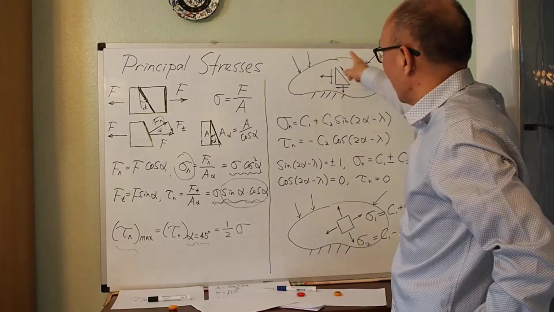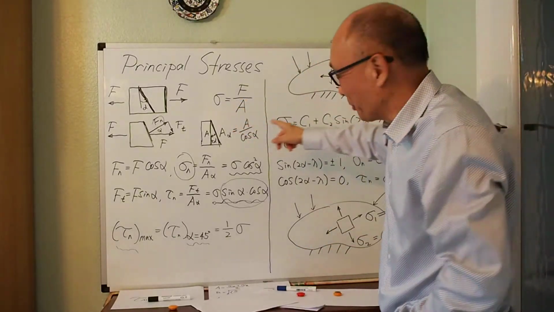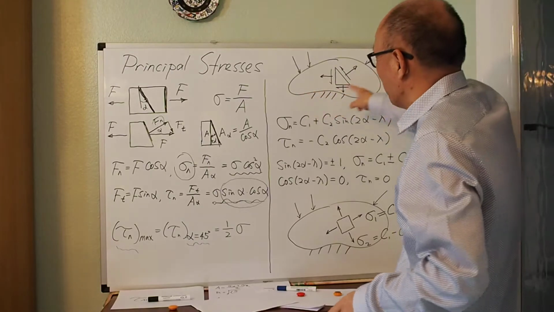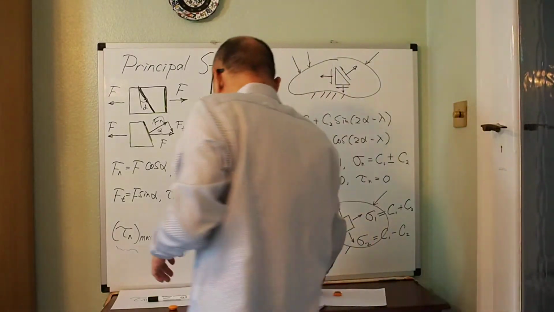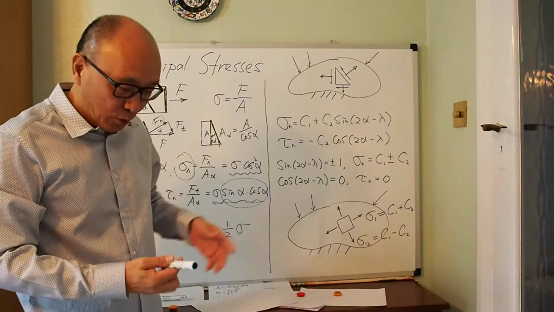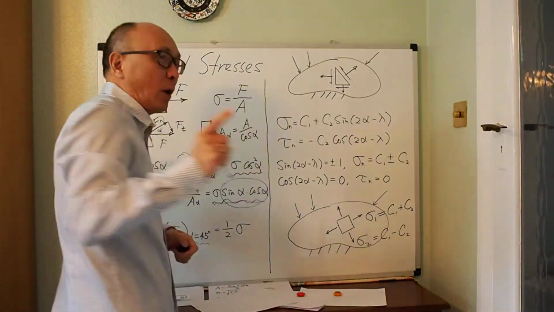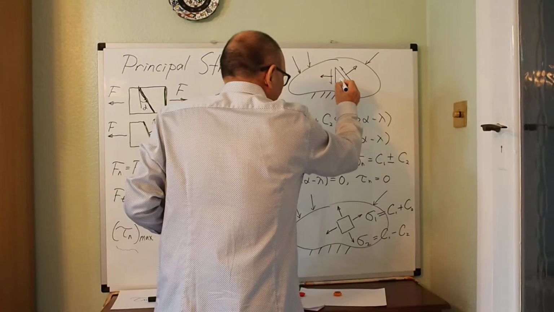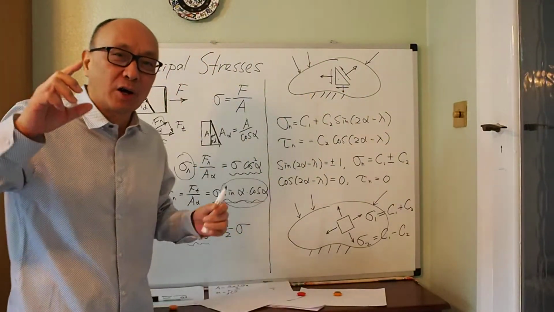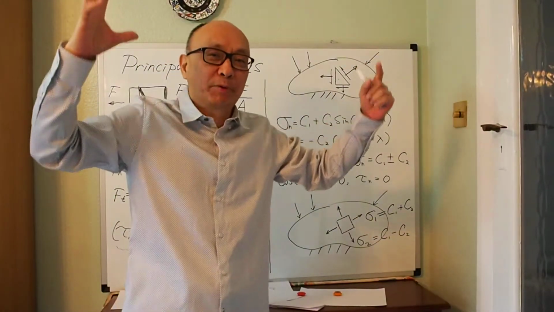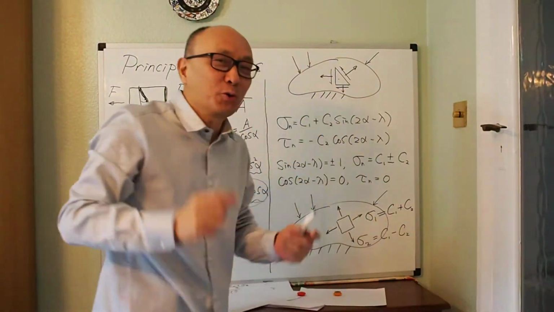This is my representation of a sophisticated engineering structure with applied forces. What you can do is focus on one point, a tiny point there. Then I draw a triangle around that point, but I'm blowing it up, because if I draw a tiny triangle you can't see it.